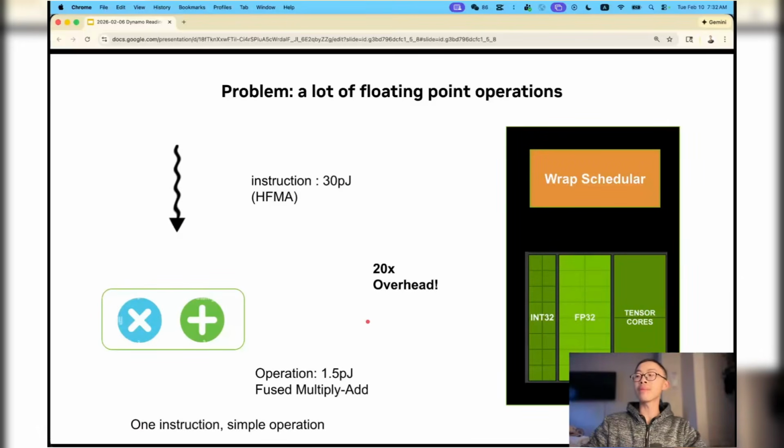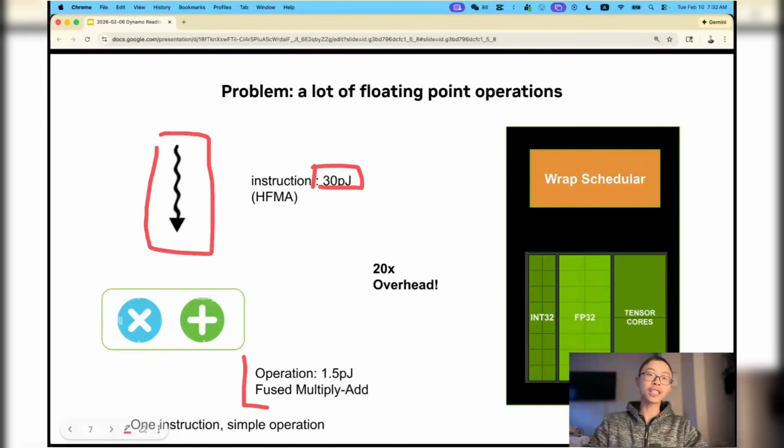As deep learning became mainstream, GPUs became the primary training platform, but engineers noticed something important. In modern processors, issuing one instruction consumes a significant amount of energy, 30 picojoules, while performing the actual computation takes only 1.5 picojoules.